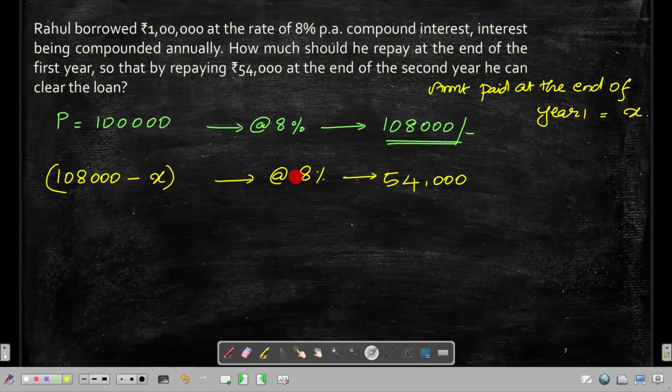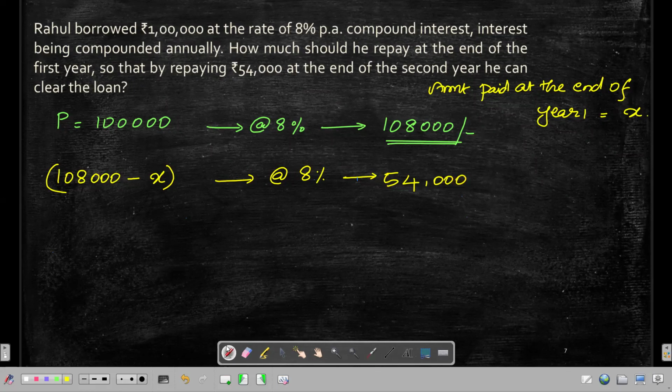That grows at the rate of 8%, but by repaying 54,000 at the end of the second year, he is clearing the loan. It means this outstanding amount grows at the rate of 8% and becomes 54,000. He is paying 54,000 rupees and thus clearing the debt. That's what it actually means.